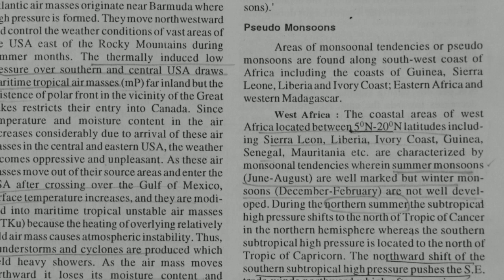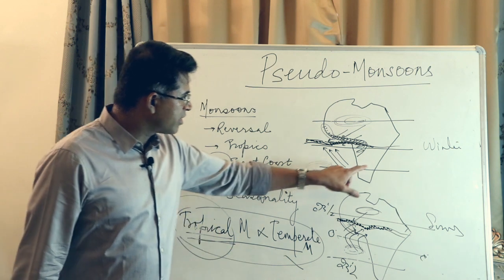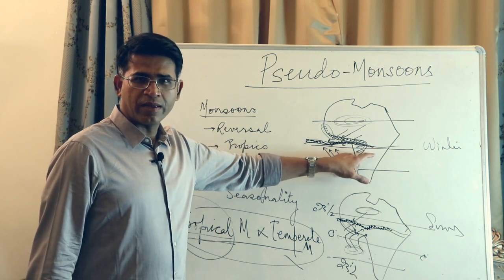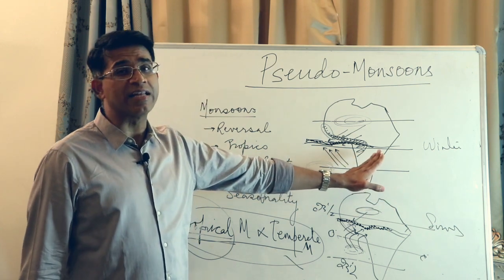So pseudo monsoon says areas of monsoonal tendencies or pseudo monsoons are found along the southwest coast of Africa, including the coast of Guinea, Sierra Leone, Liberia and Ivory Coast, Eastern Africa and Western Madagascar. So to some extent, even this part does not have very well developed monsoons, because I've got Madagascar here and that impacts some amount of seasonality.